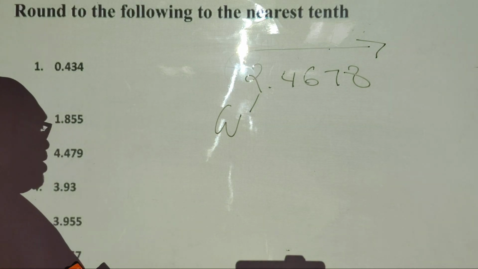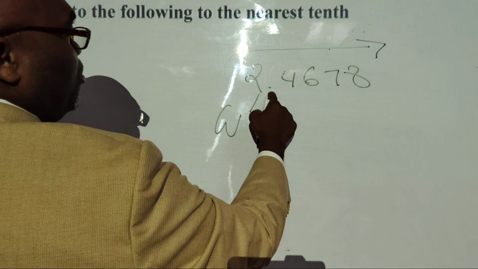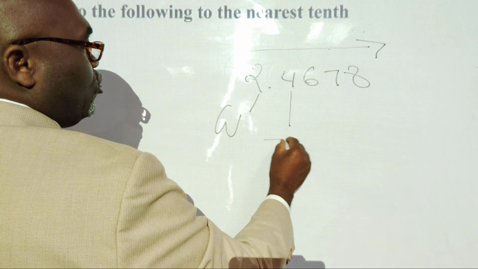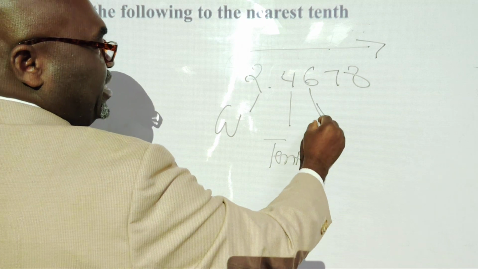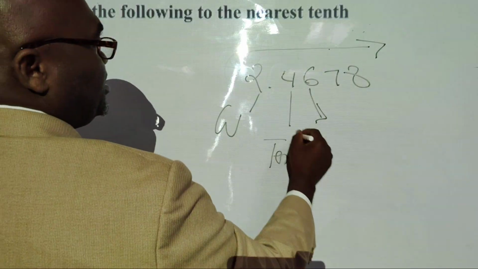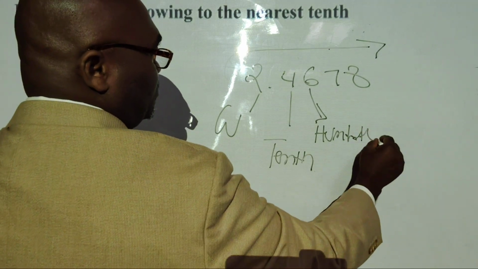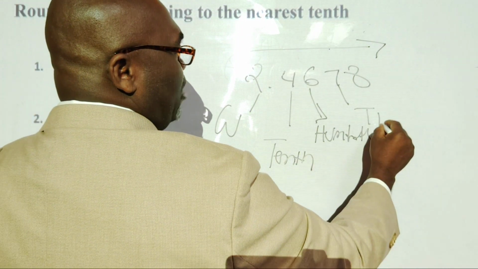Then the number that comes right after the decimal point, occupying the first place after the decimal point, we call that the tenth. Then the second place after the decimal, we call the hundredth. Then the third place, we call the thousandth.